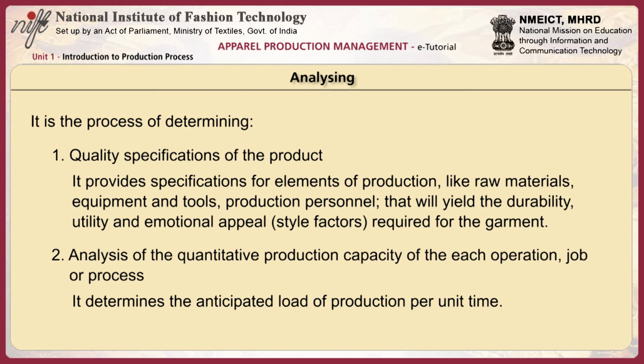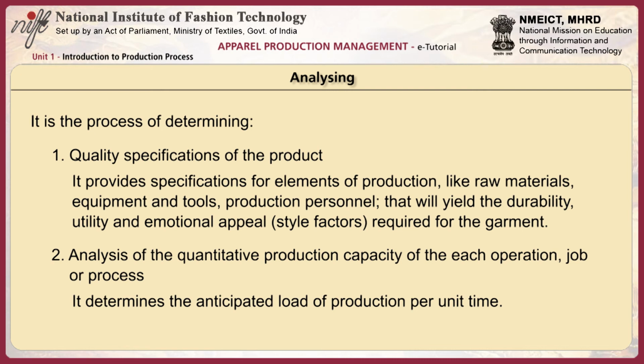It provides specifications for elements of production like raw materials, equipment and tools, production personnel that will yield the durability, utility and emotional appeal, that is style factors regarding the garment.